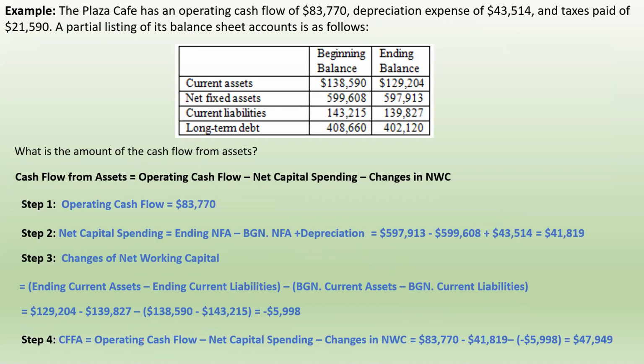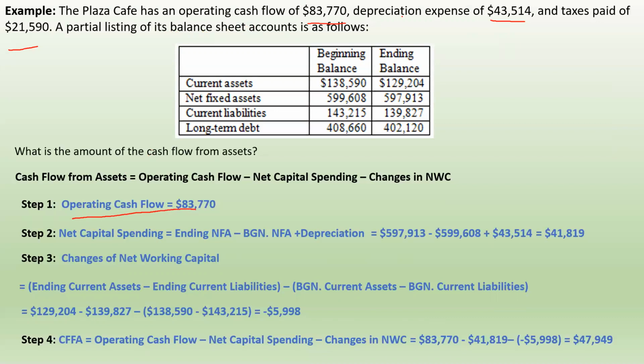So here's one more practice. Plaza Cafe has an operating cash flow, depreciation, tax, and it gives you some numbers of its balance sheet. And then operating cash flow, it gives you.